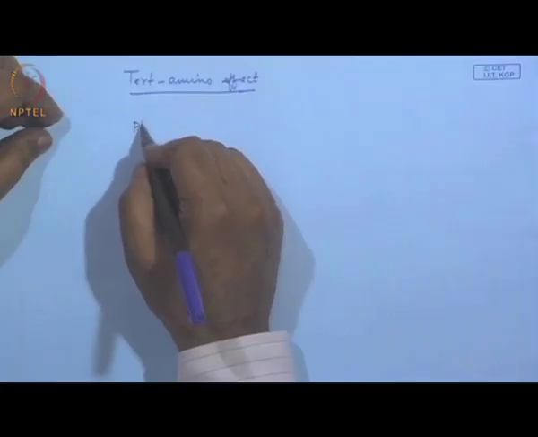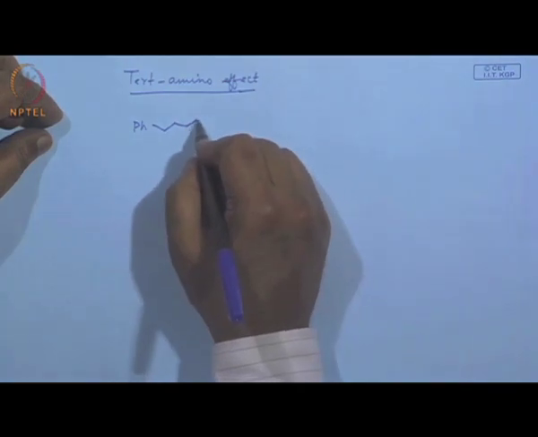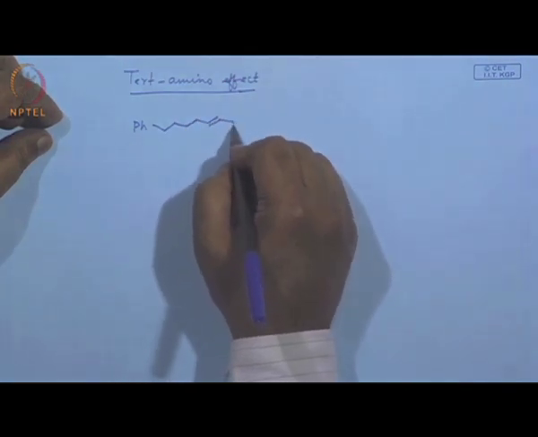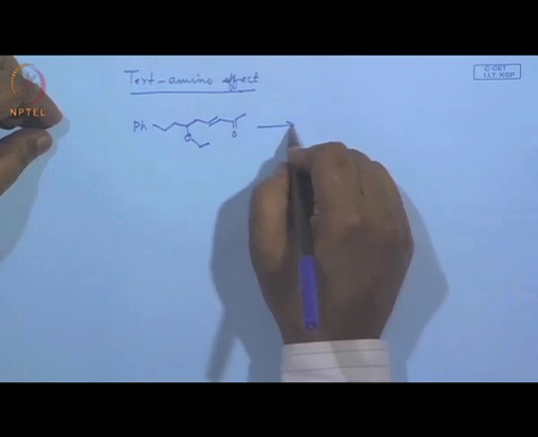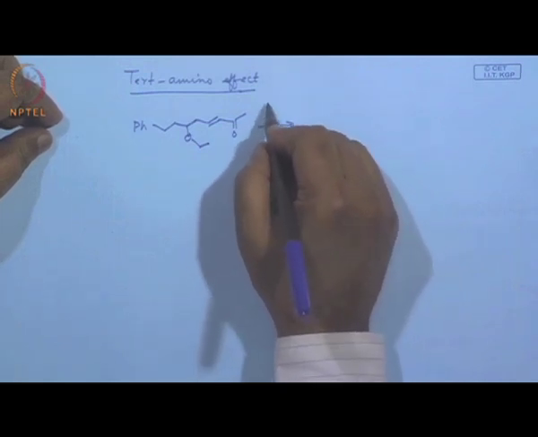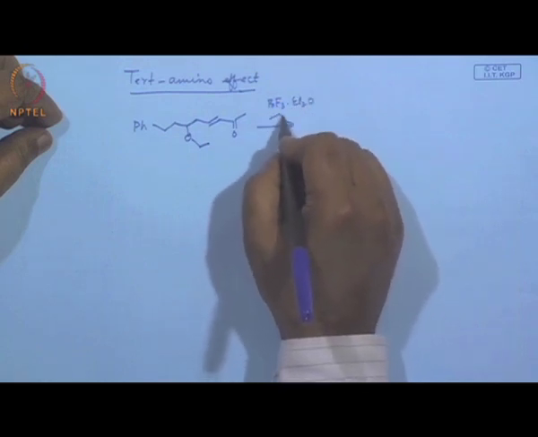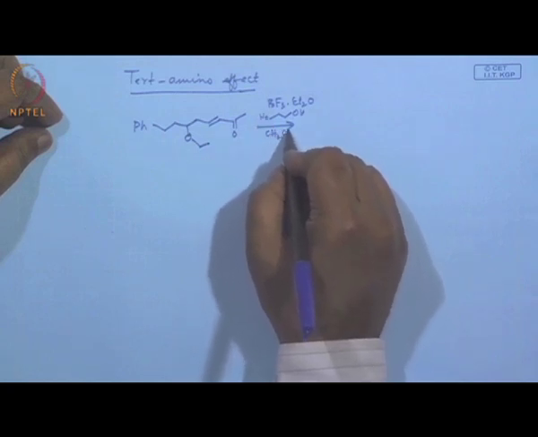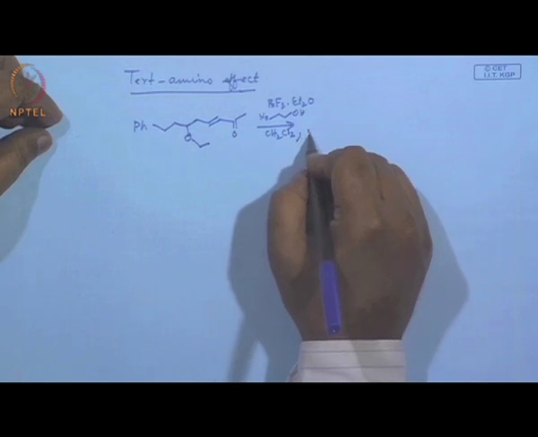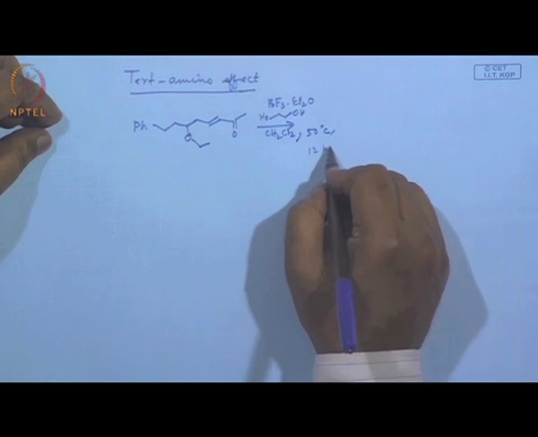For example, towards the end of the class, we will have something like this. Let us say you have an acyclic compound and react this with BF3 ether and with ethylene glycol, and the solvent is methylene chloride, and the temperature is around 50 degrees centigrade for certain hours, let us say in this case 12 hours.